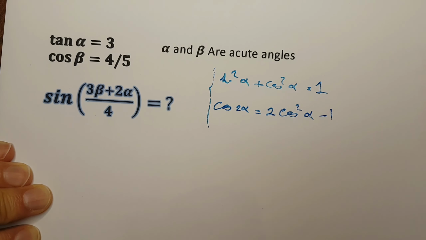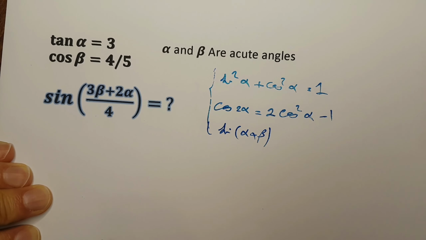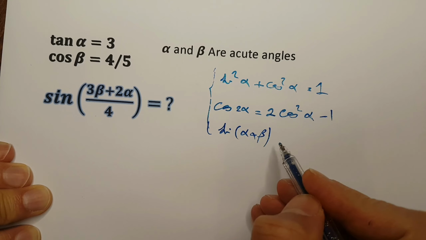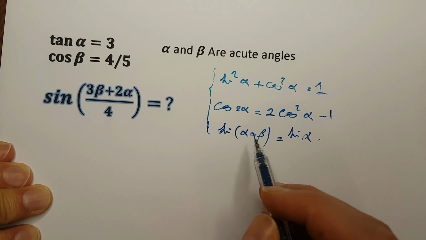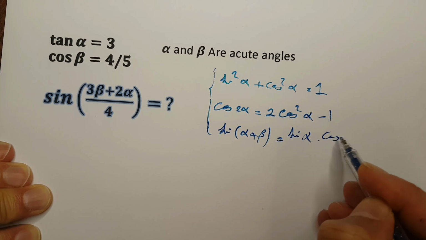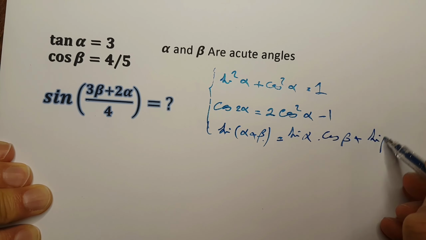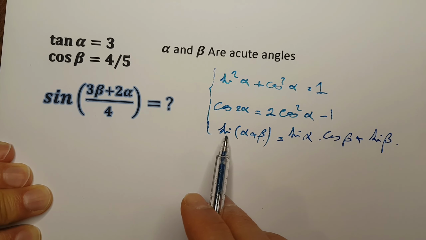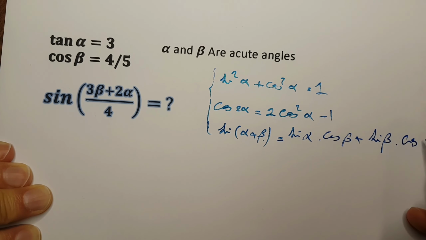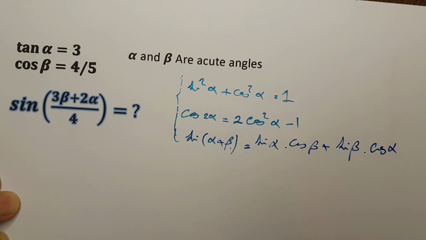And then sine of the sum of 2 angles, let's say alpha plus beta, is equal to sine of alpha times cosine of beta, plus sine of beta times cosine of alpha. So let's have these three relations in mind, and then let's carry on.